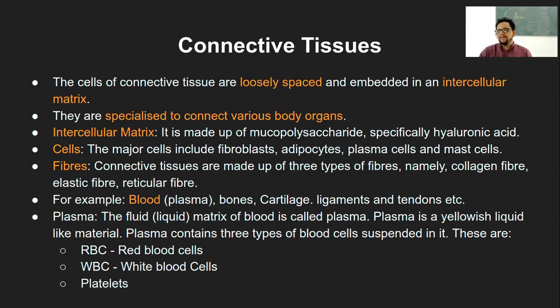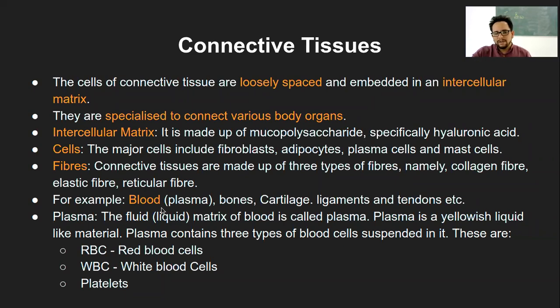That is because of some cytokine molecules or inflammatory compounds being released by the body to take care of that particular bite. A few cells do this function, and they are called mast cells. Don't call it must cell, it's mast cell. So different types of cells and different types of fibers along with the intercellular matrix make the connective tissue type of network.